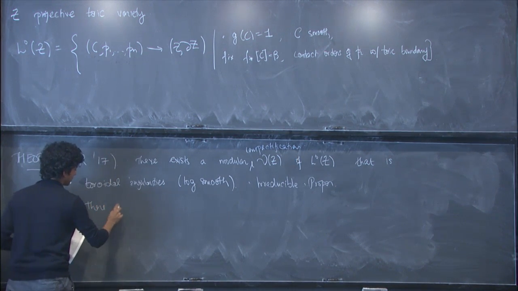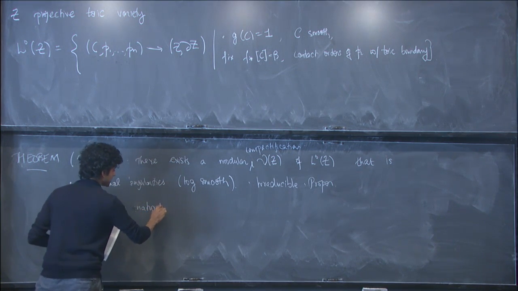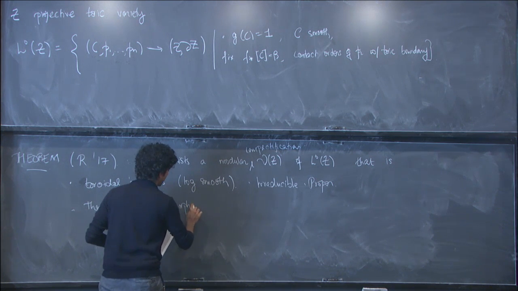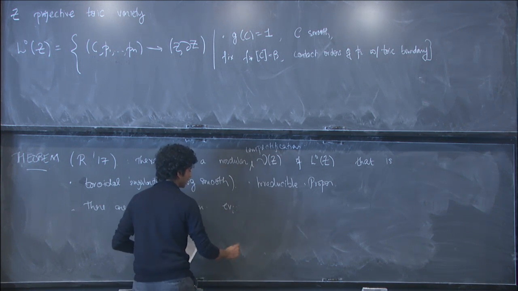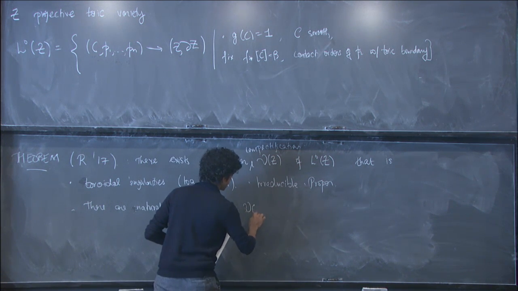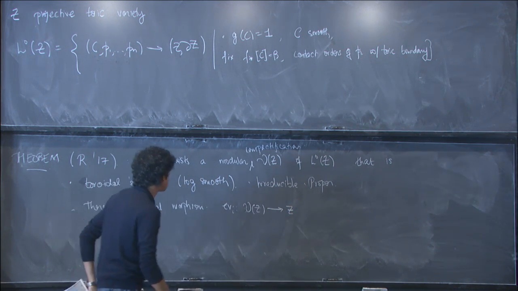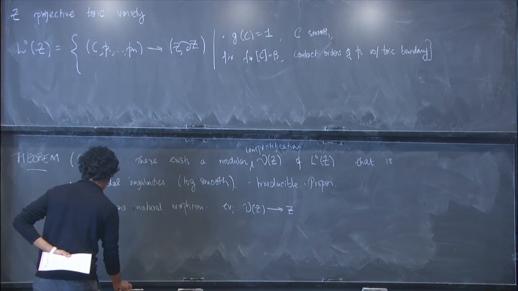So there are natural evaluation and tautological morphisms, maybe I'll say ev_i, from my moduli space V of Z to the target, evaluation along the marked points, that allow me to define Gromov-Witten invariants as intersection numbers on this space.